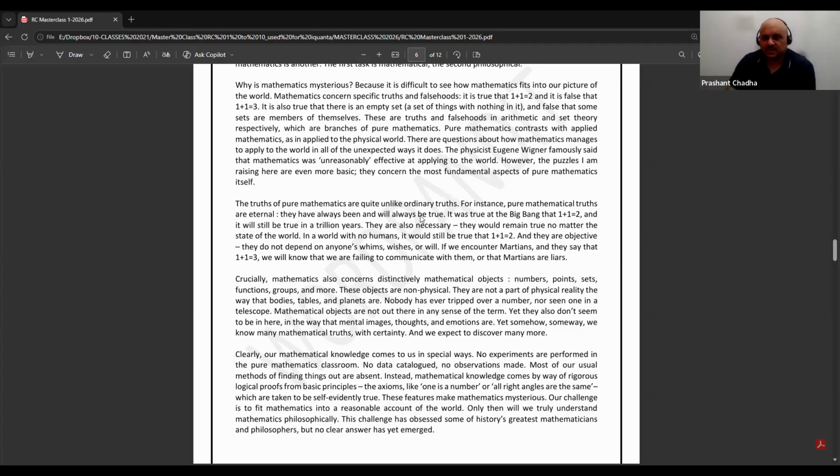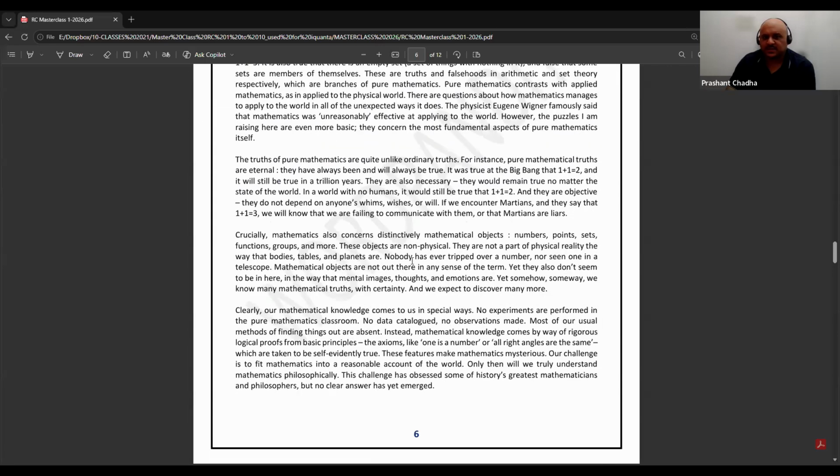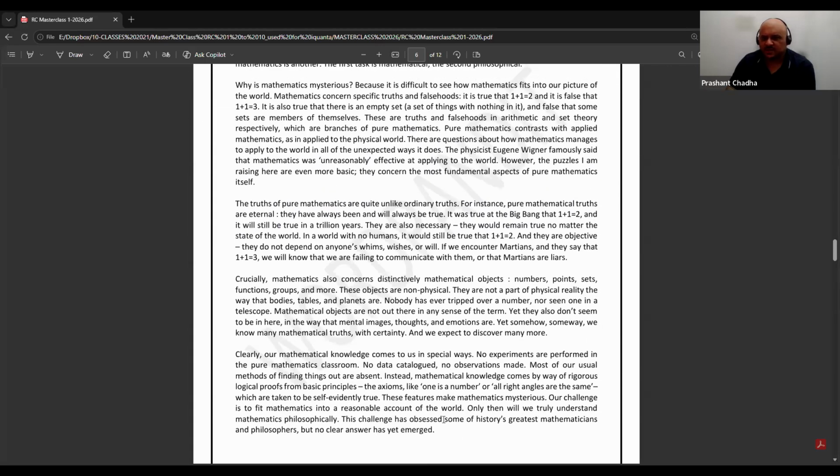Everyone has read the passage, complete passage. This is the complete passage. It finishes on emerged. You should have read it by now, right? Fine. Giving you another minute, Abhijit. Okay.